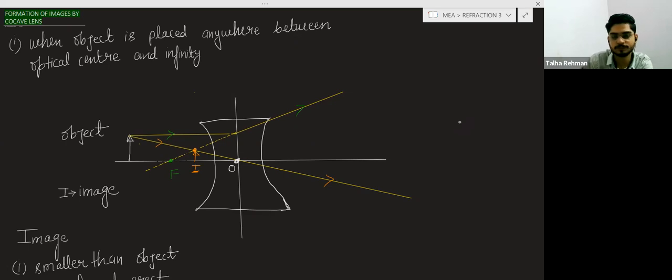Write down, all of you. And this is a concave lens, we know already. O means optical center, F means focus.